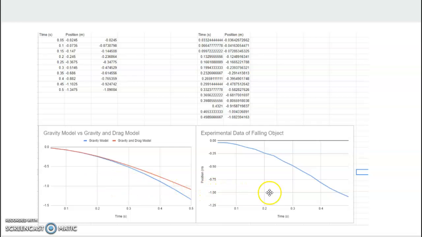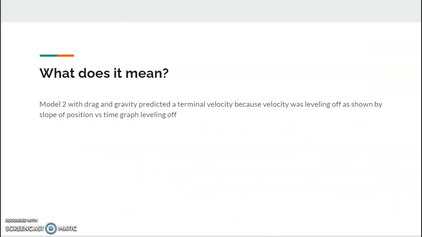And both the positions were about negative 1.1 in both model 2, the gravity and drag model, and the experimental data. And so that was a better fit.